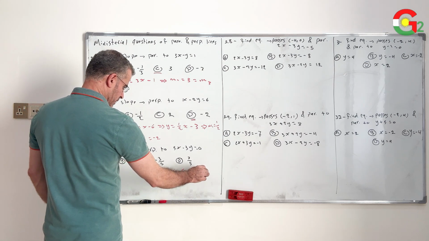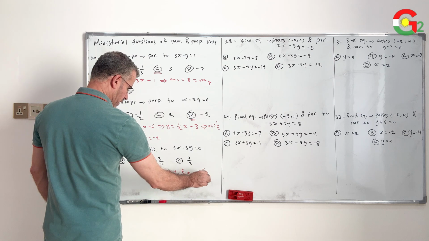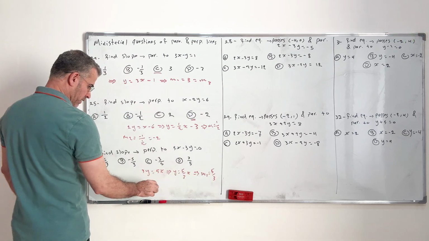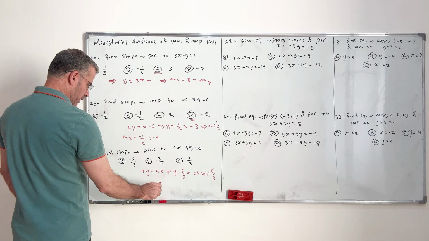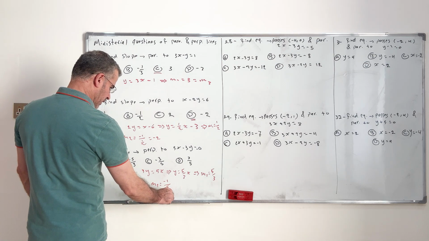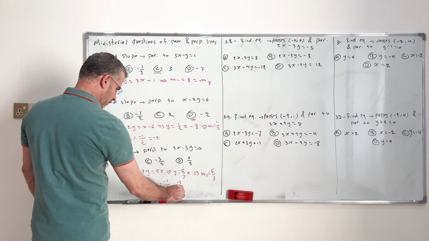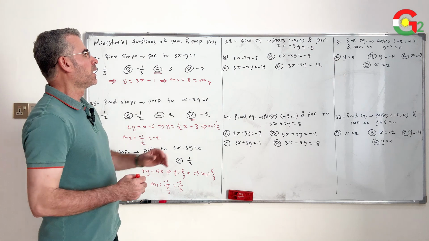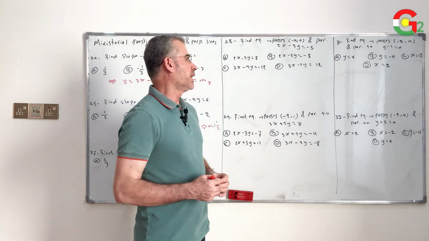Then the slope is m1 equal to 5 over 3. Then the needed slope is negative 1 over 5 over 3. It is negative 3 over 5. Choice number C.